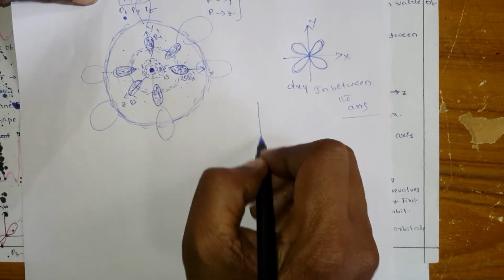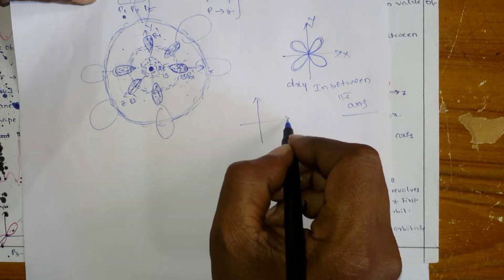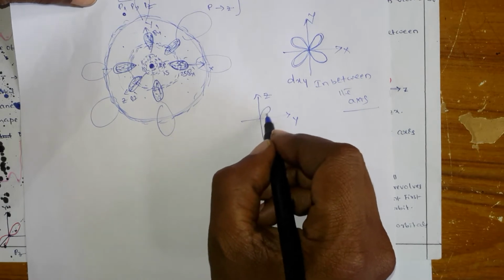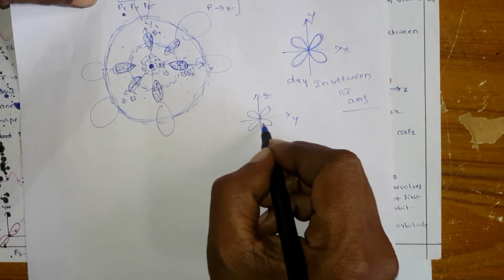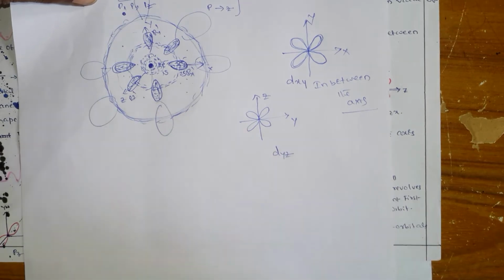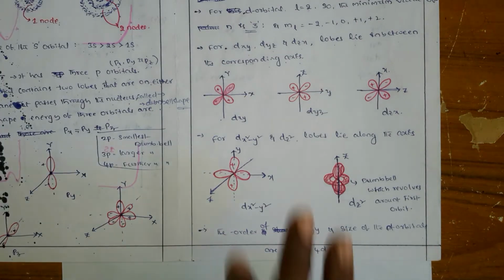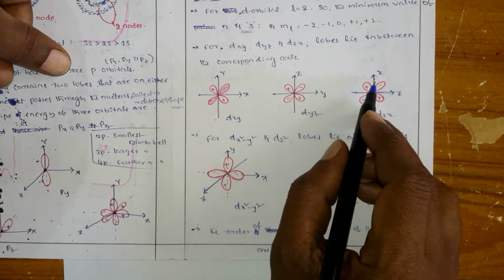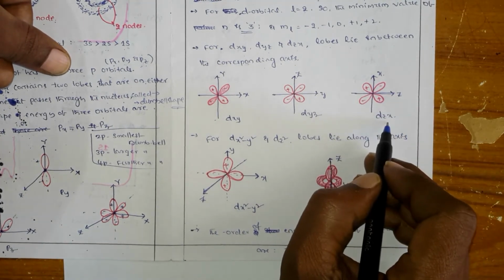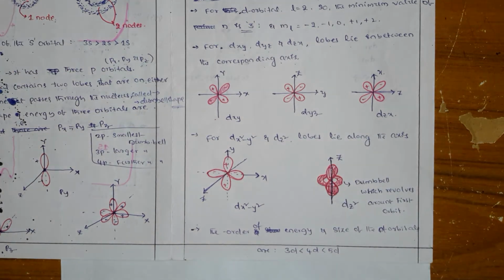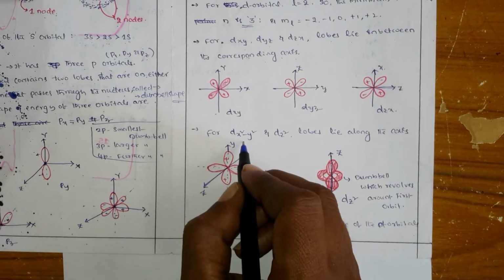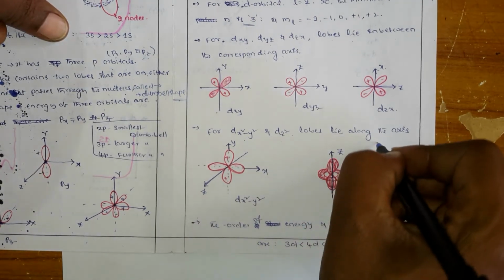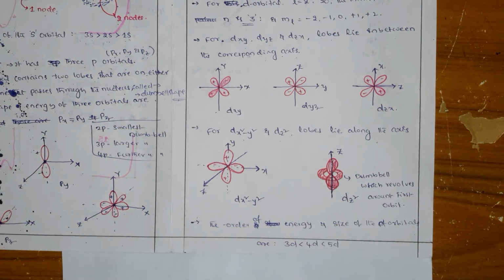If this is a y axis and this is a z axis, then this is nothing but dyz. Very similar to that. If the lobes lie in between the x and z axes, then you can say it is a dzx. But coming to the dx square minus y square and dz square, the lobes lie along the axis, like a p, along the axis.